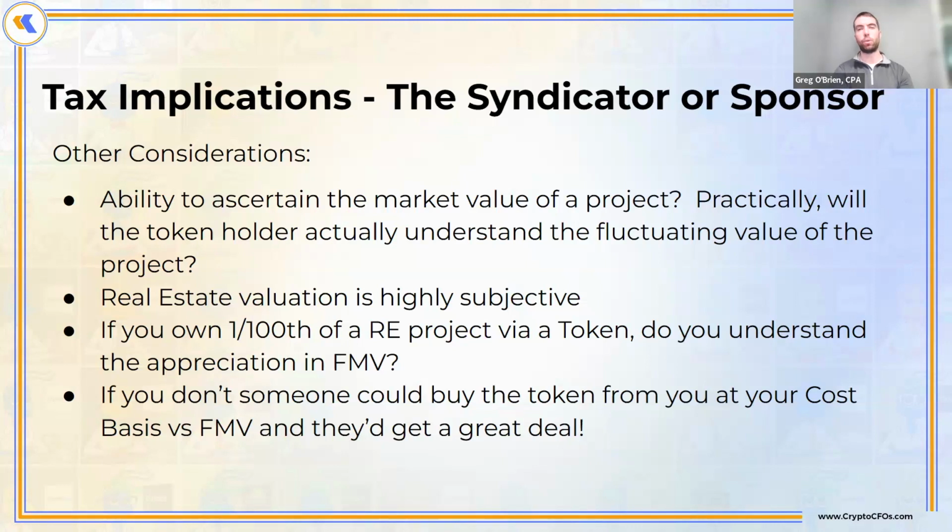Now, the problem we see with this, right? Practically speaking, does the token holder and the buyer of the token actually understand the underlying market value of the project? Real estate valuation is highly subjective. So, in other words, we go back to my original slide where I said my basis in this project is $50,000. That's my token cost. That's not what you're going to sell it for, right?